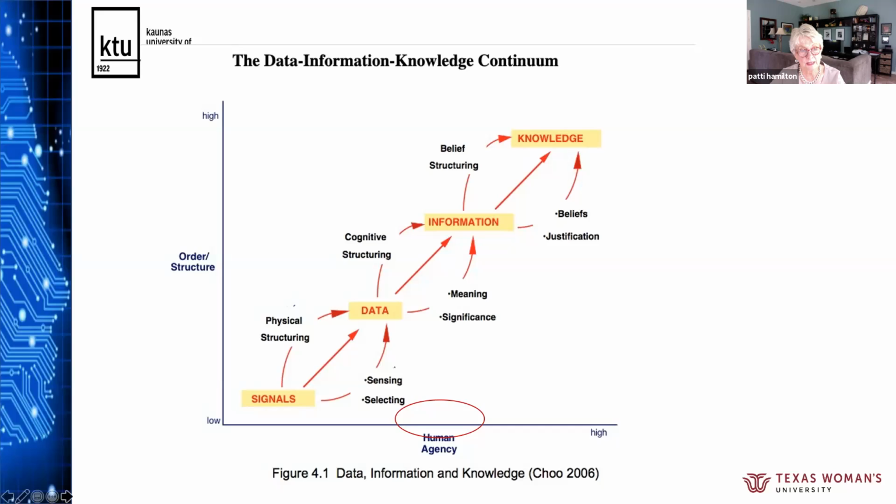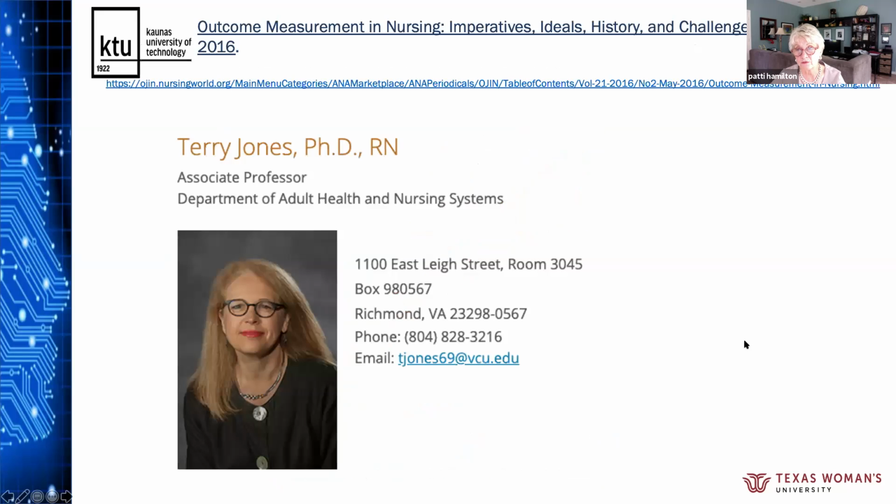So I want to now recommend a wonderful article that will take you deeper and be more thought-provoking than just a couple of slides on this presentation. It was written by Dr. Terry Jones. I don't know if you've had Terry here as a guest lecturer, but if not, I encourage you to invite her. She is extraordinary in her writing and communication skills.